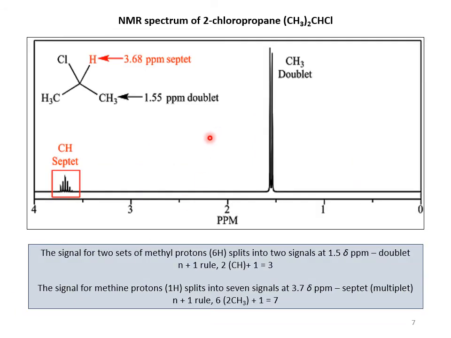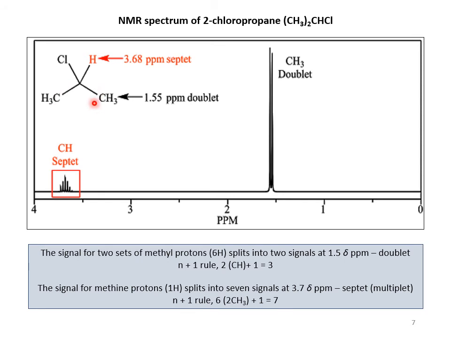So there is another beautiful example, 2-chloropropane, or else isopropyl chloride. So this is the structure. Here you can see there are 2 sets of protons. By looking at the structure, you may say there are 3 sets of protons. No, there are 2 sets of protons.